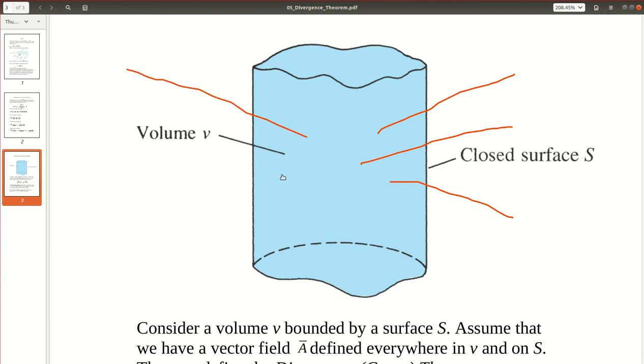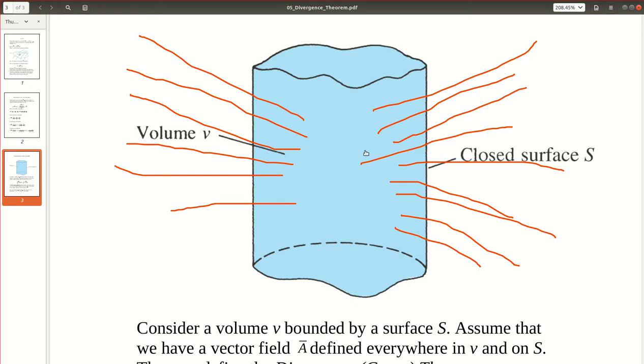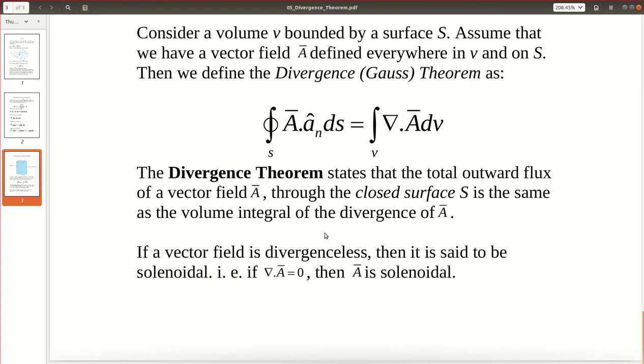For a simple understanding, we calculate how many flux lines there are, all of them.